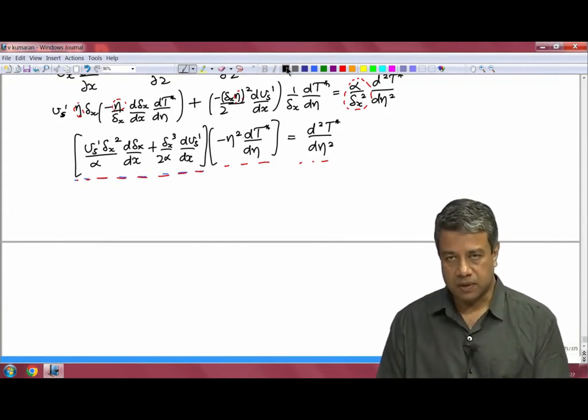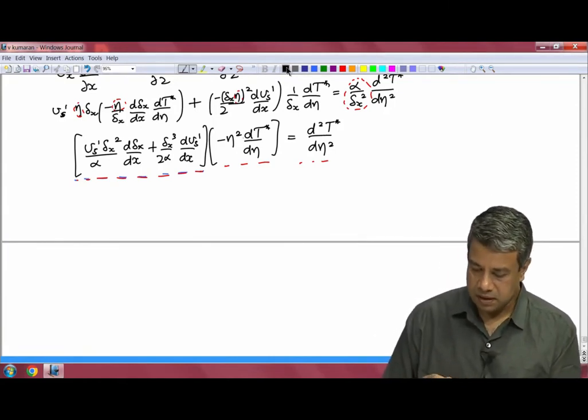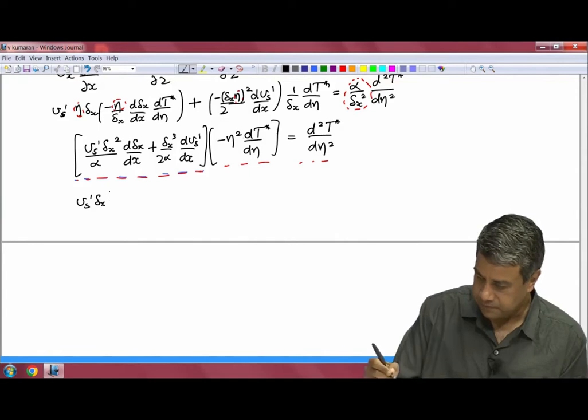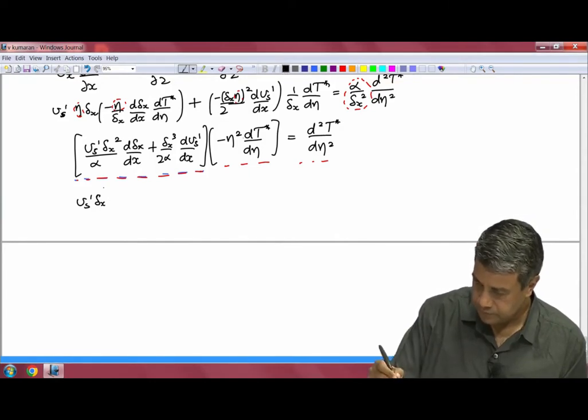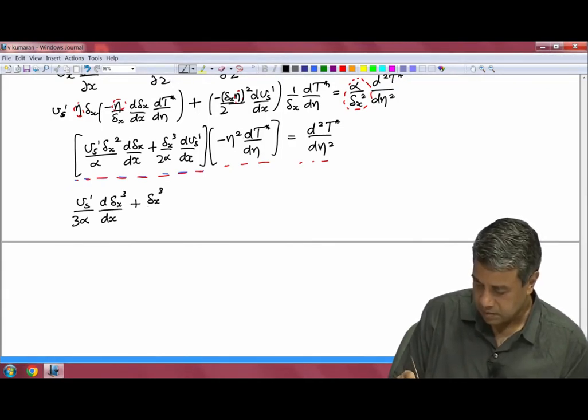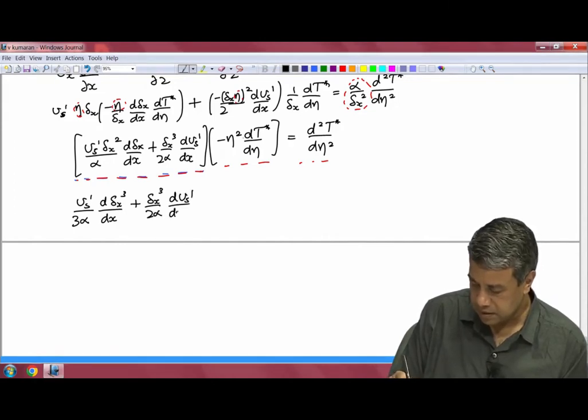This is set equal to 1 without loss of generality, and I can re-express this as Vs prime delta x by 3 alpha d delta x cubed by dx plus delta x cubed by 2 alpha d Vs prime by dx is equal to 1.